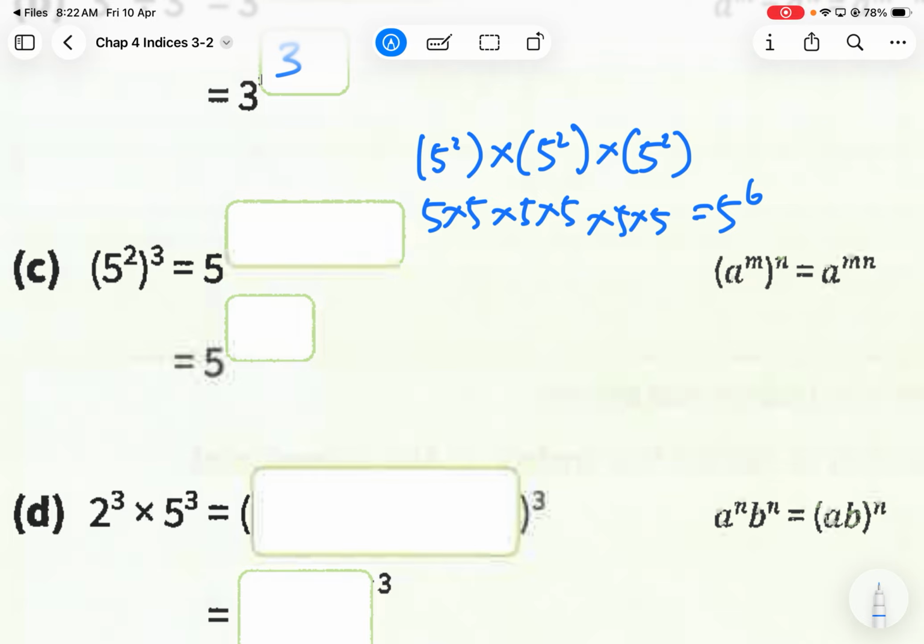So it is actually just take 2 multiply this 3. Okay? So when I have a number with an index to another index, actually I am multiplying the index.